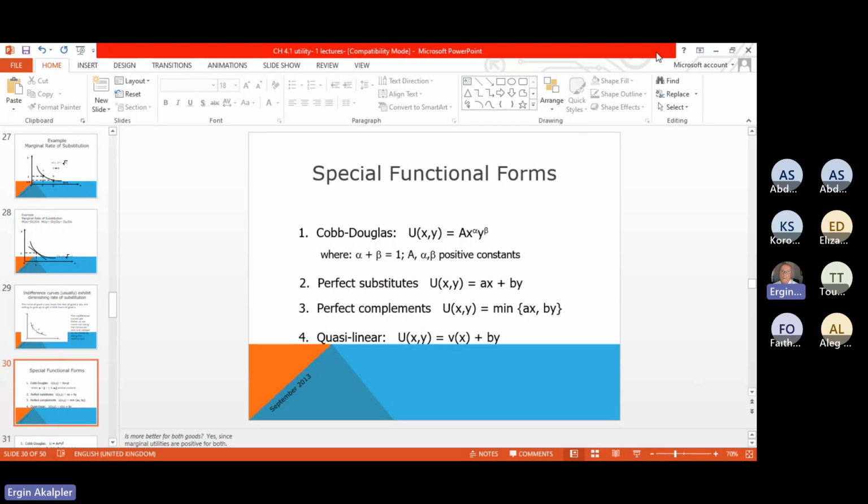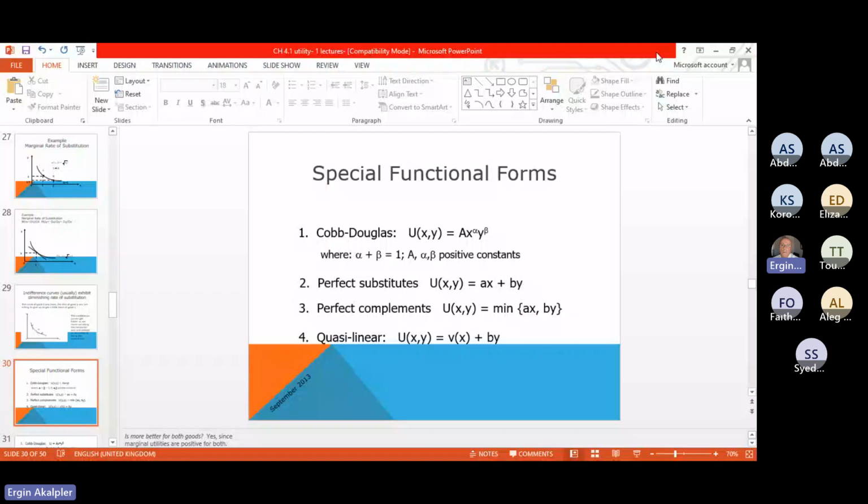Perfect substitutes, for the second equation, is ax plus by, and for perfect complements the equation is given as the minimum of ax and by, and quasi-linear is then bx plus by, where you are going to draw some quasi-linear graphs for this example.